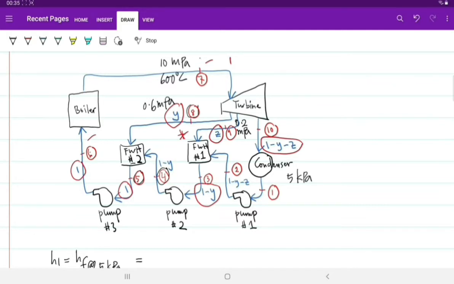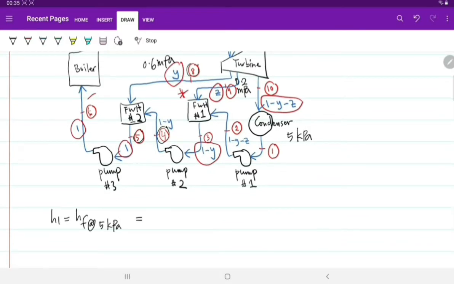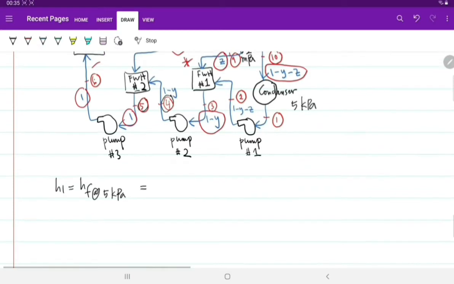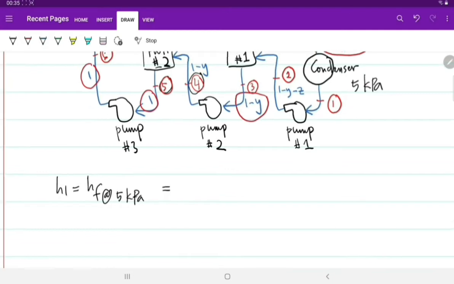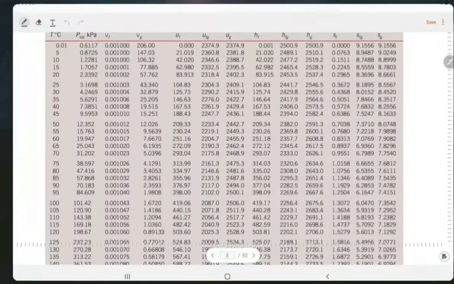For the schematic, we have points 1, 2, 3, 4, 5 until point number 10. 1 to 2 is in the pump, so we know that at point number 1 it is HF, or saturated liquid at 5 kilopascal. So H1 equals HF at 5 kilopascal, which can be obtained directly from the steam table.